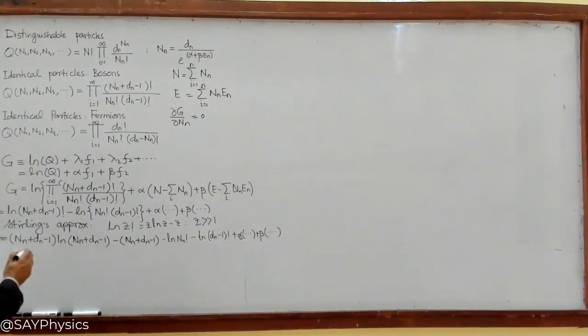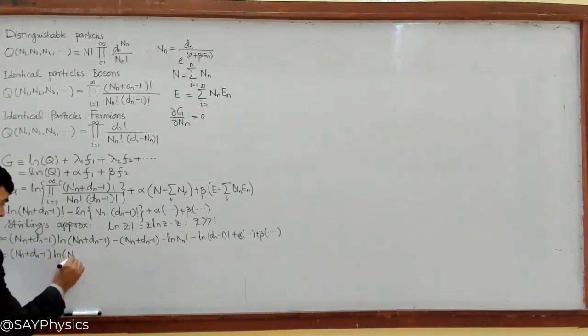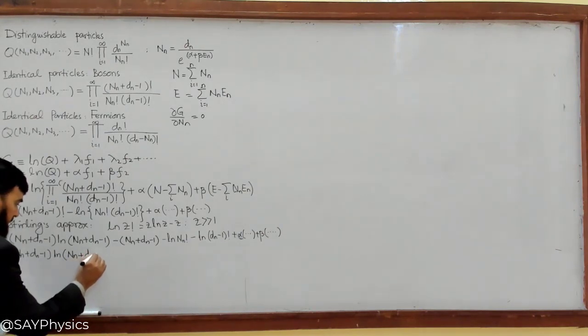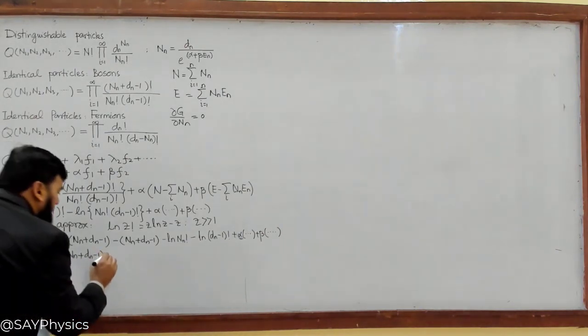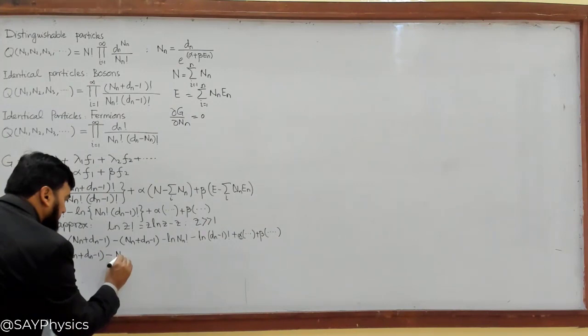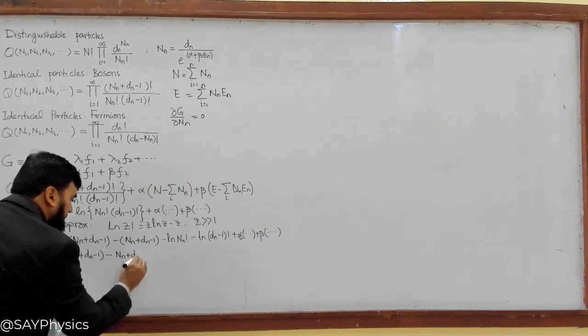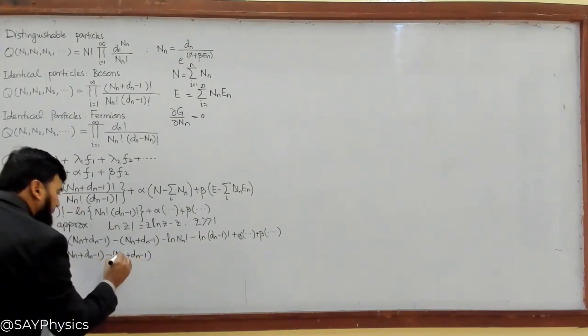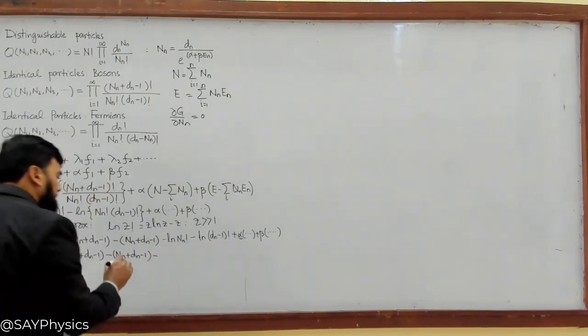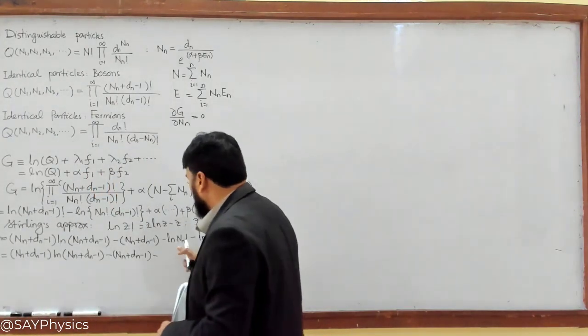So look here, this thing is then equal to this term, and this is (nn + dn − 1) log of (nn + dn − 1) minus (nn + dn − 1), and then minus. So what about this one?